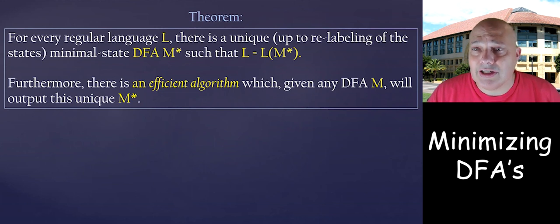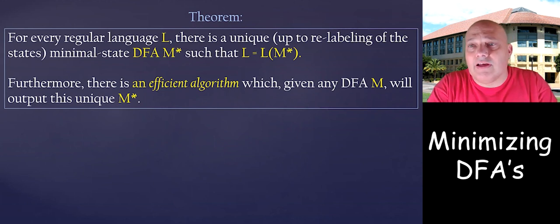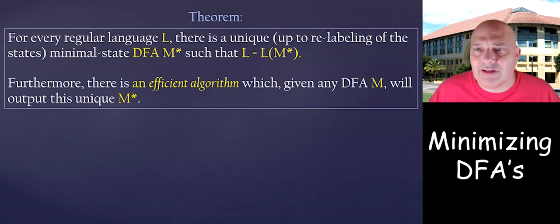So this state was called Q2, and this state is called Q3. We can instead call the other state Q2 and the other state Q3. So switch the names. This will look like a different DFA, but inherently it is the same DFA. Up to naming, it is the same DFA. And so we're going to argue that the minimal DFA is unique up to renaming, and that we have an efficient algorithm that does that.